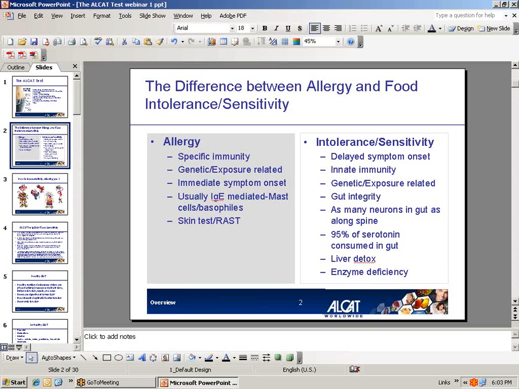What we're testing in ALCAT is a delayed sensitivity type 4 reaction that is responsible for inflammatory disease markers and leading to autoimmune diseases. So if you follow along from inflammatory disease to autoimmune diseases, those are the type of conditions that our testing is most responsible for as we look at food intolerance.